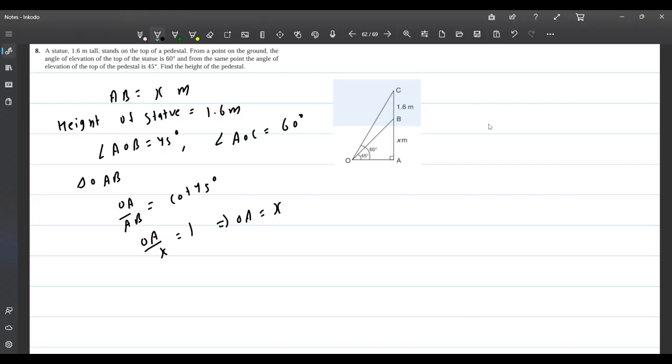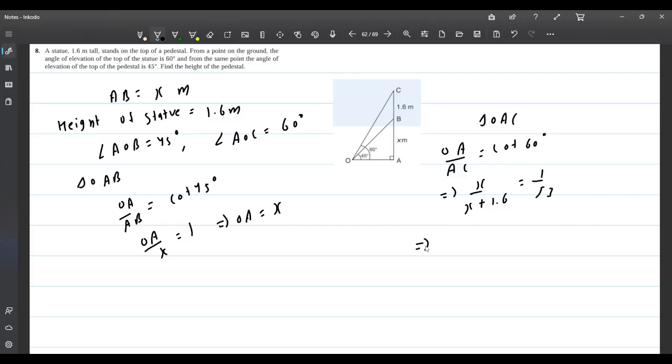Now in a right angle triangle OAC, OA upon AC is equal to cot 60 degree, which is equal to x upon x plus 1.6 is equal to 1 upon root 3.